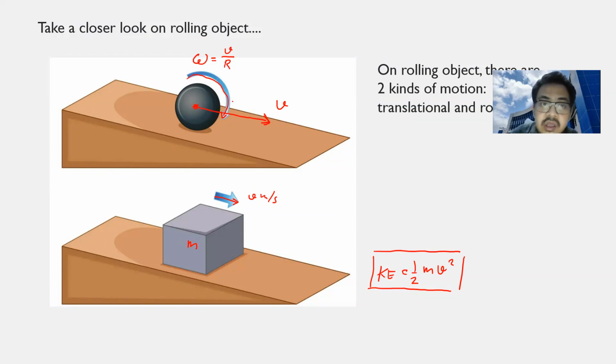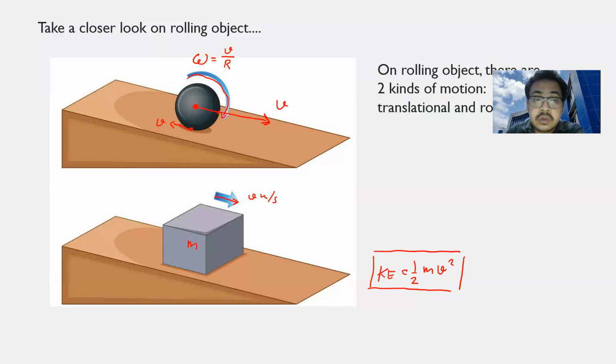Remember that v here is, for example, if you have a point here, this point will move relative to the center of rotation in this direction with the velocity of v, the same as the overall translational velocity of the ball.